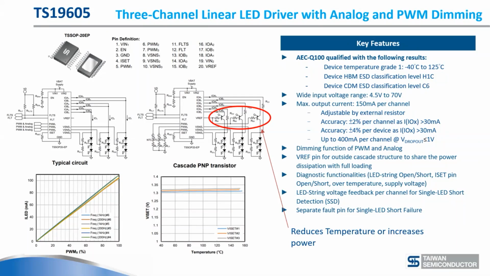We've seen that TI has made a similar concept just recently, in December or something like that, where they use more or less resistors to share the power dissipation away from the IC. The rest of the features here are pretty similar to what we've already said. Here you can see that the accuracies are obviously a little bit better when you go to lower currents like 30 milliamps.